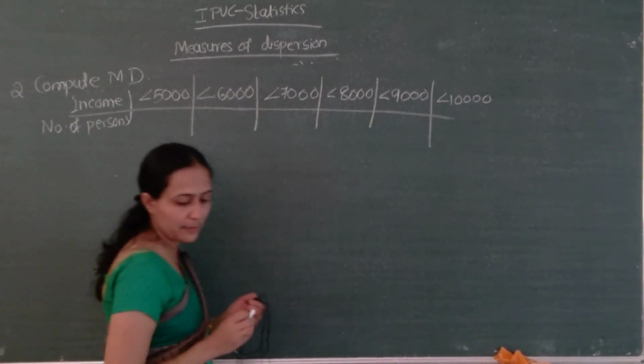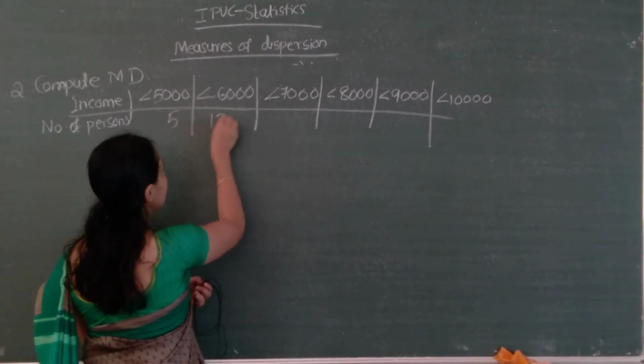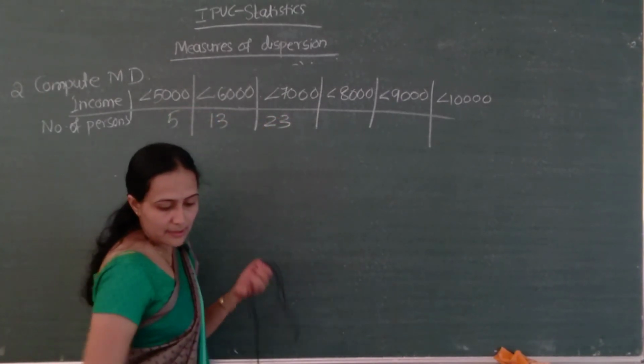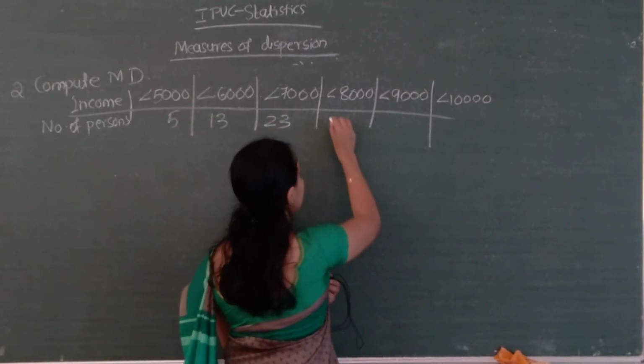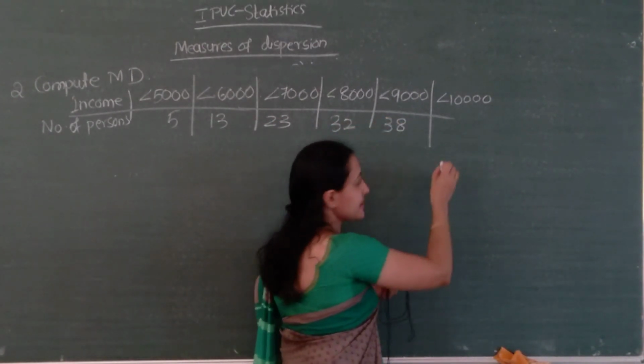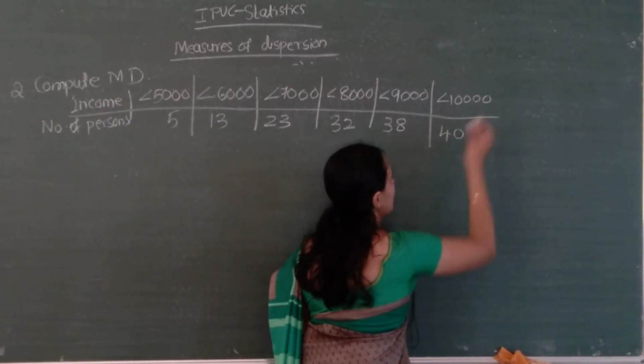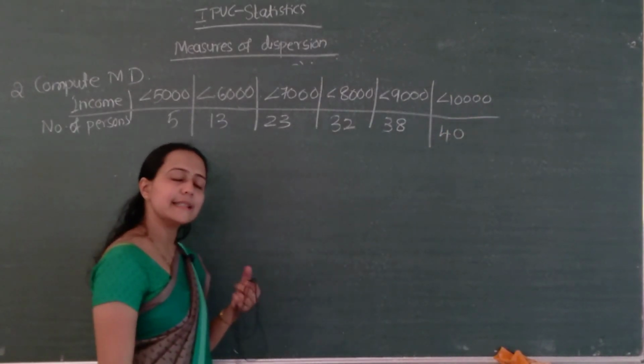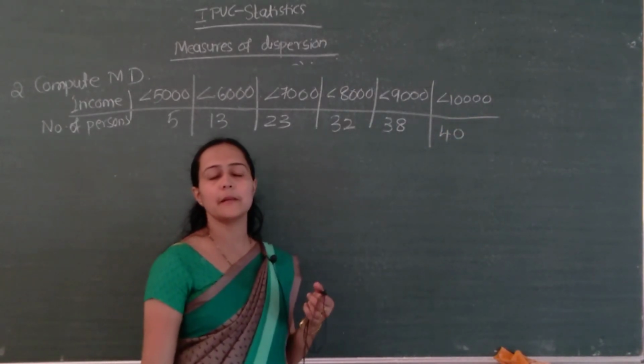Number of persons: 5, 13, 23, next 32, 38, next 40.